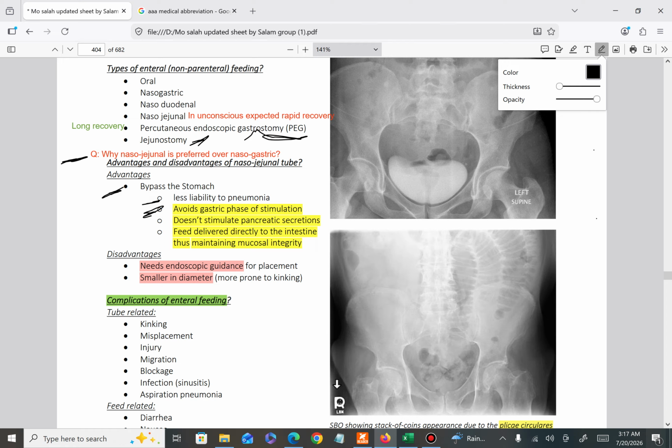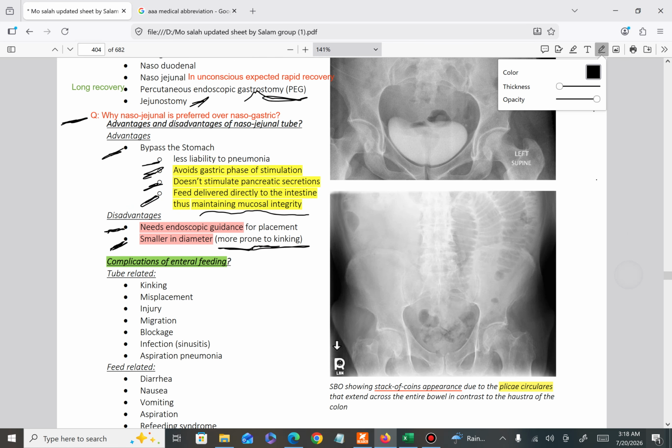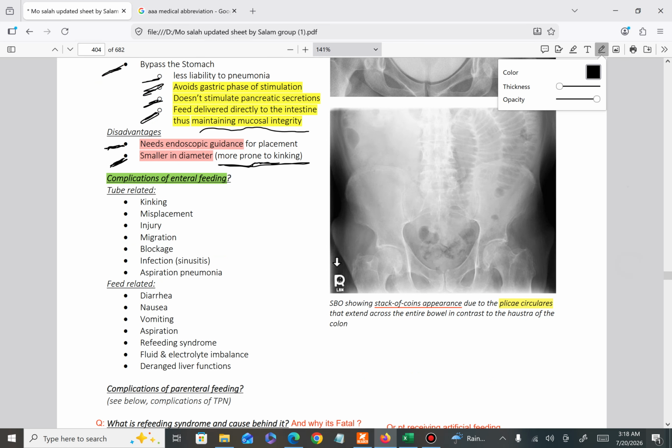It doesn't stimulate pancreatic secretion, and feed is delivered directly to the intestine, thus maintaining mucosal integrity. Then the disadvantage is that it needs endoscopic guidance for placement and is smaller in diameter, so it is more prone to kinking. So these are the disadvantages of the nasojejunal tube.